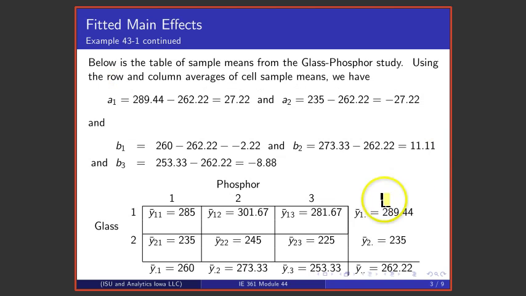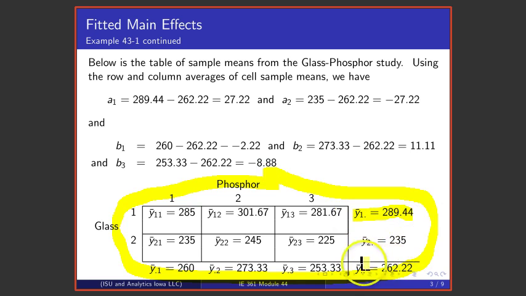Here's the table of y bars that we've been working with in this glass phosphor example. If we take this average, 289.44, and subtract the grand average, 262.22, we get 27.22, and we're going to call that the fitted main effect of glass 1.